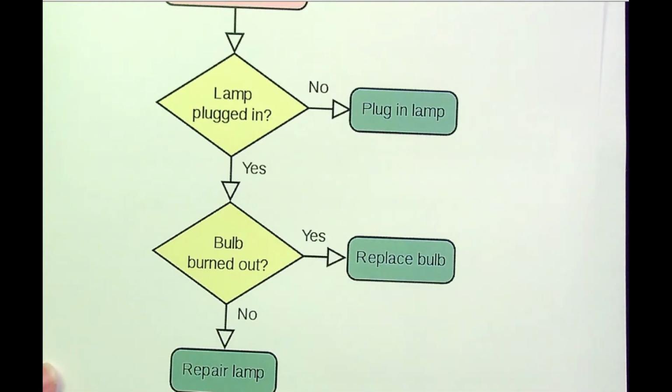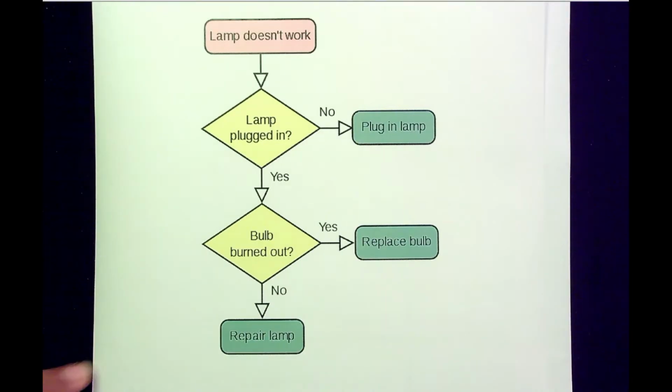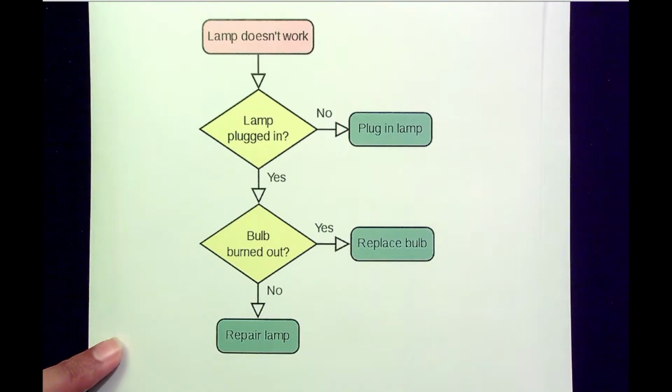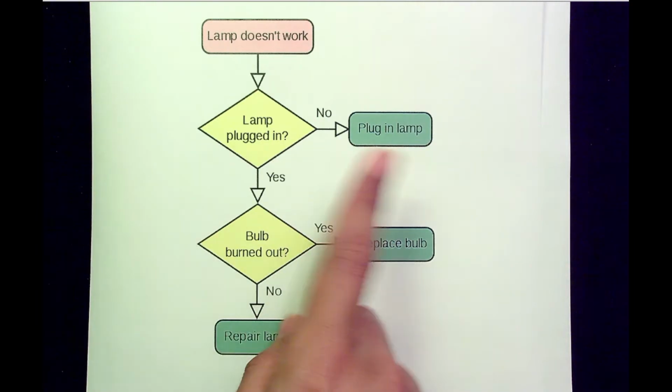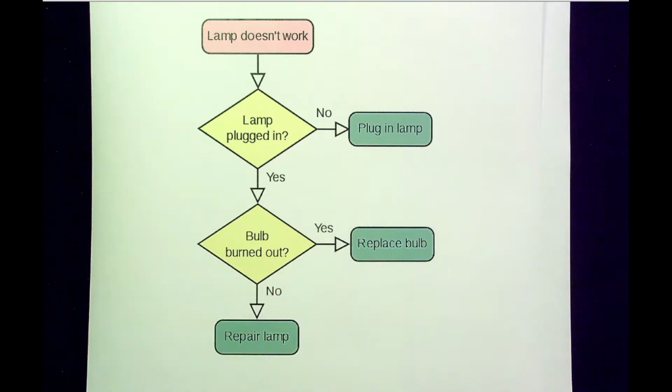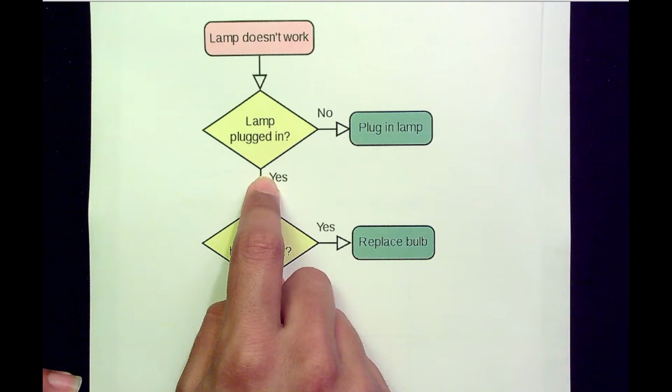So this is a flow chart that I got from Wikipedia. He's basically saying like, okay, if they ask you a question, if the answer is yes, then you do this. If the answer is no, then you do that. So here's an example. This is about what to do if a lamp is not working. Is the lamp plugged in?